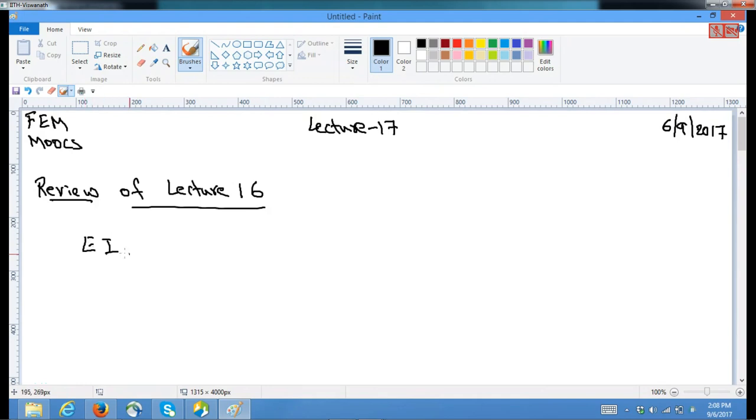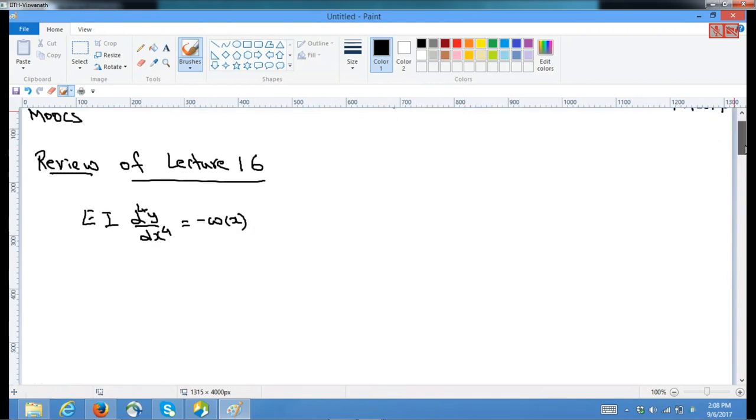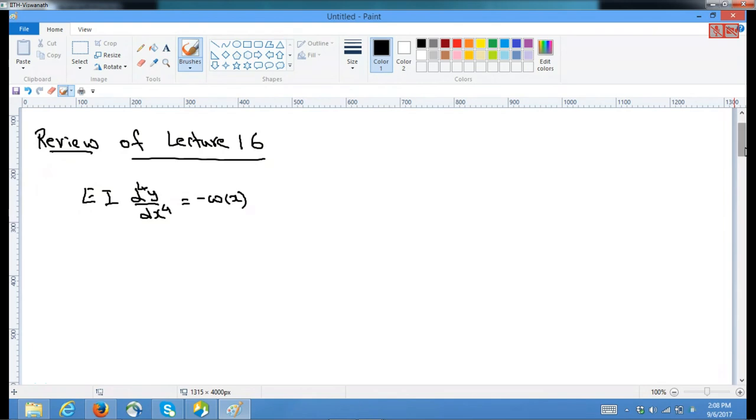So we were analyzing the beams, and then this is our strong form.